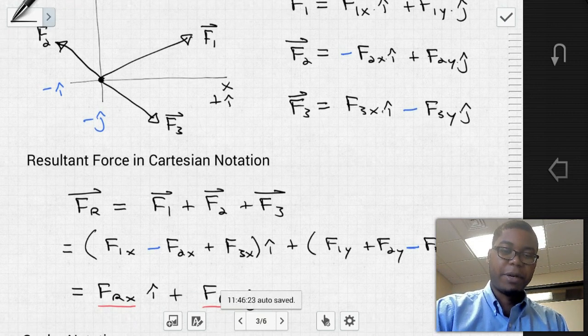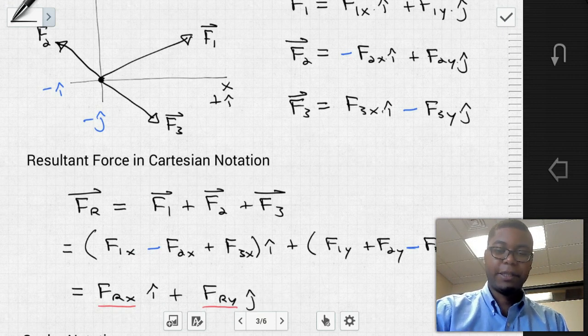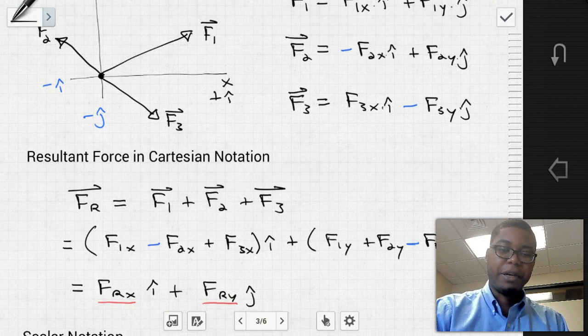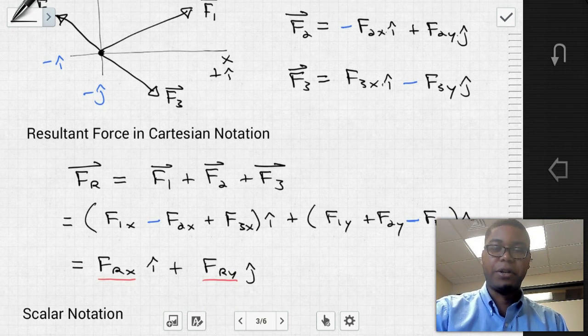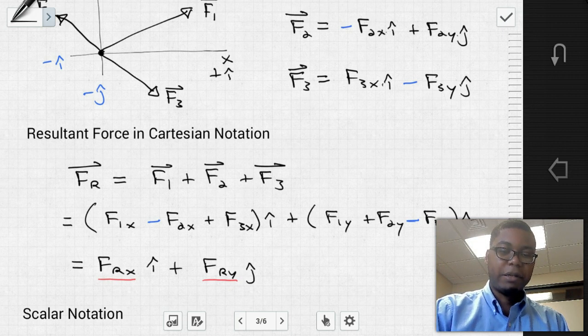So F1x minus F2x plus F3x times direction i, plus F1y plus F2y minus F3y times direction j. And we've created a Cartesian solution to the force vector. And notice that everything in brackets is described as the component of the force resultant in the x direction. Same thing with these guys summed together is the component of the force resultant in the y direction.